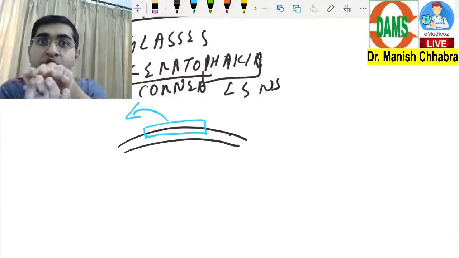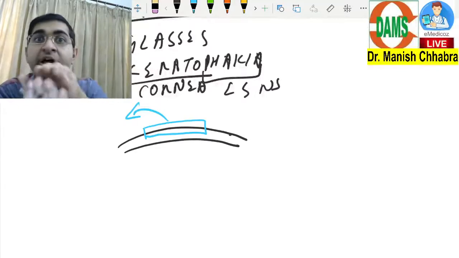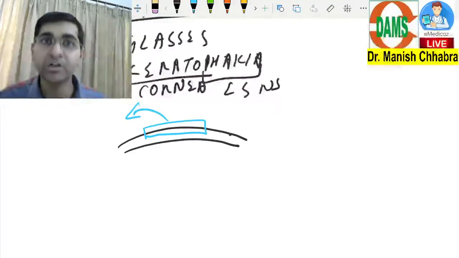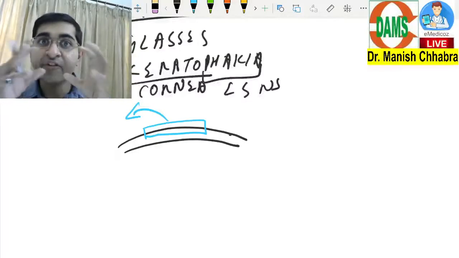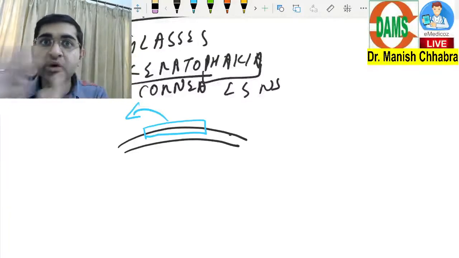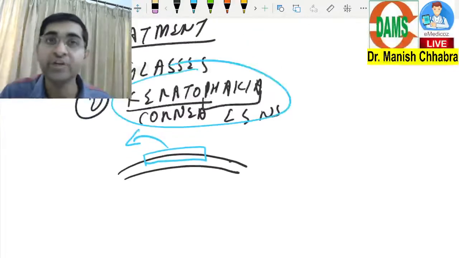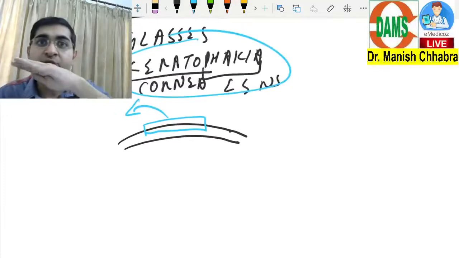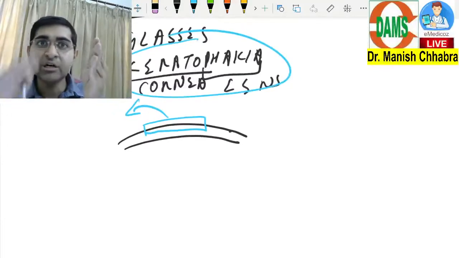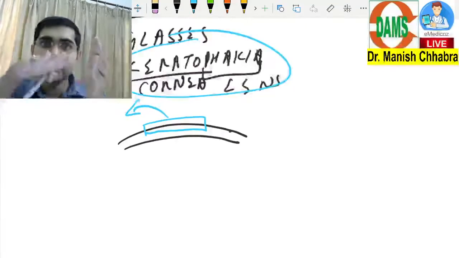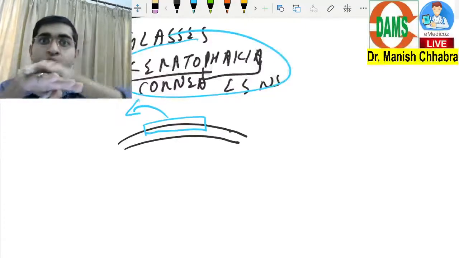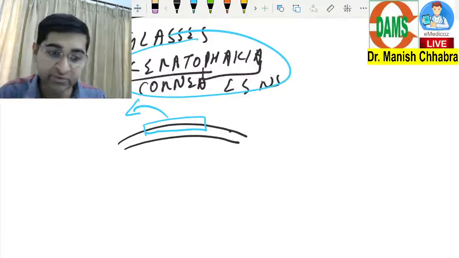So eventually we have increased the refractive power of the cornea, so that it will compensate for the loss of refractive power of the eye due to aphakia. Am I understandable? So that is known as keratophakia. So you take a flap of the cornea, place the graft cornea, close the flap and then suture it.